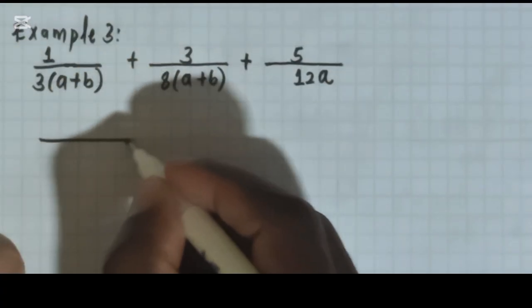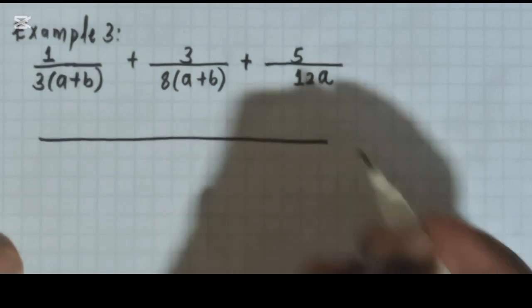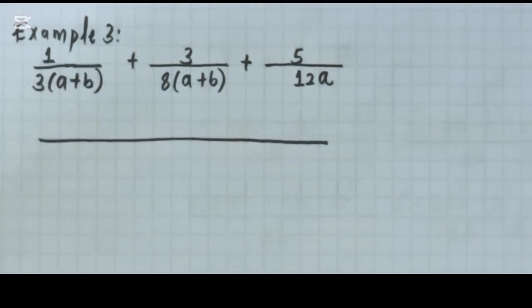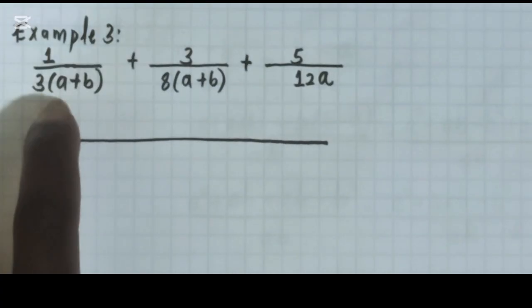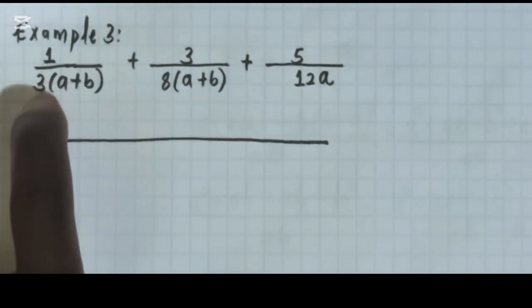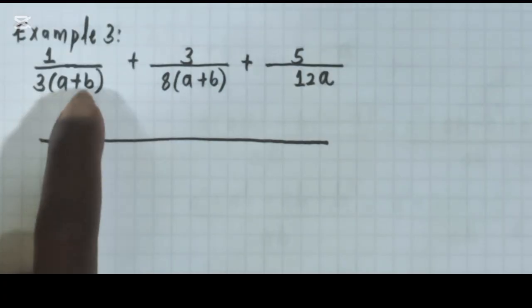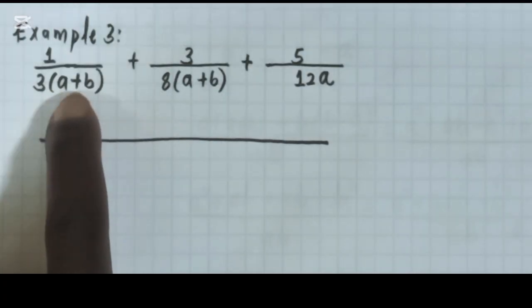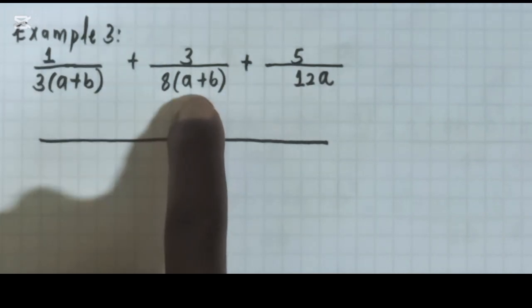As I already said, when you're trying to figure out the LCM of these fractions, pick every variable of the denominator and pick the one with the highest power. In the first term we have 3 and a plus b, which is expressed as a single variable. a plus b is also in our second term.